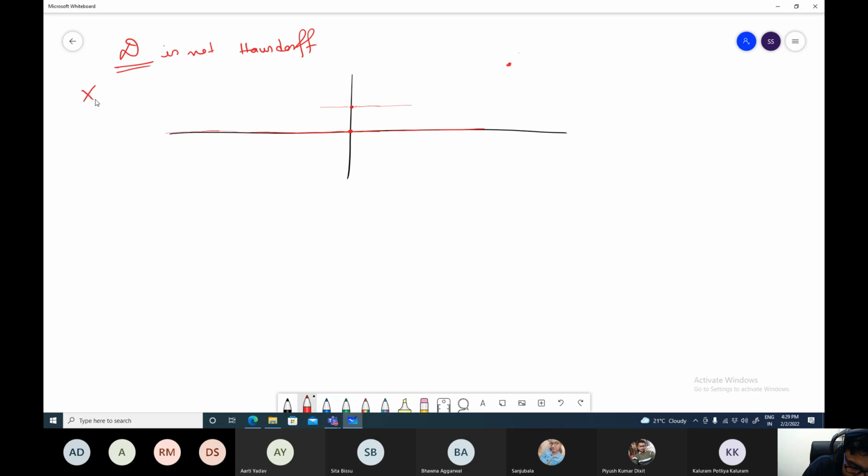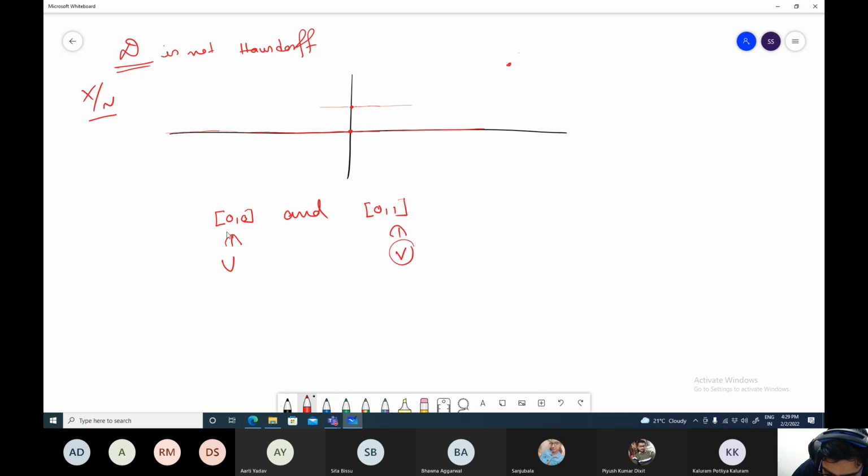Now we claim that this D is not Hausdorff, or this can be written as X with respect to this equivalence class. This is not Hausdorff. So why? If we consider this class and this class, let U be a neighborhood, this belongs to U and this belongs to V, right?